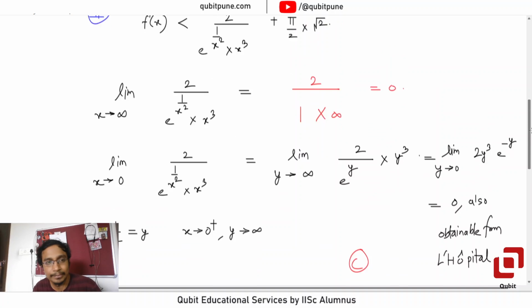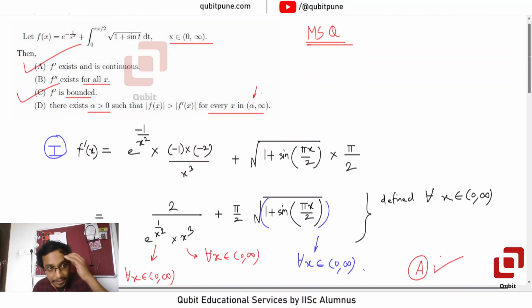Let's go to B now. B says f double dash exists for all x. I am saying it doesn't. Please give me an explanation. I am saying f double dash of x does not exist for all x.